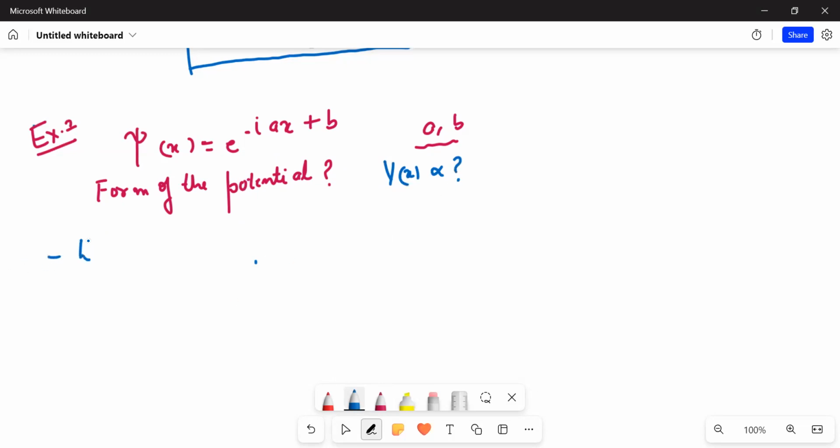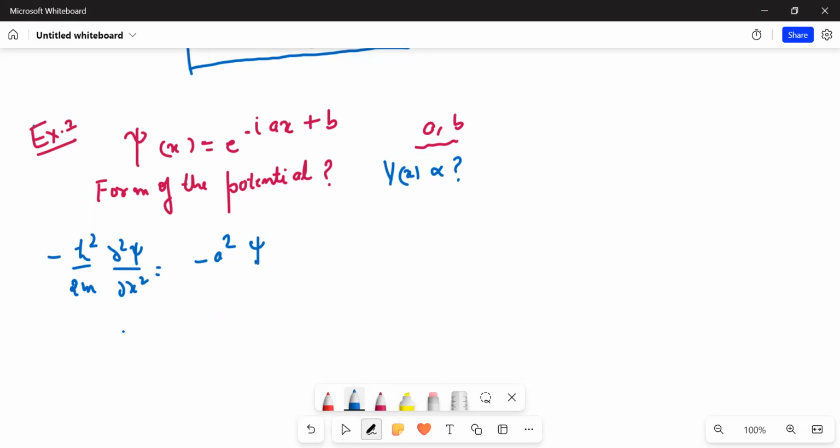So basically, this equals minus ħ²/2m times the twice-differentiated wave function. If I differentiate it once, I'll get minus ia, and if I differentiate again, minus ia would come forward again. So this would be like minus i whole square, which is simply a squared with a minus sign.